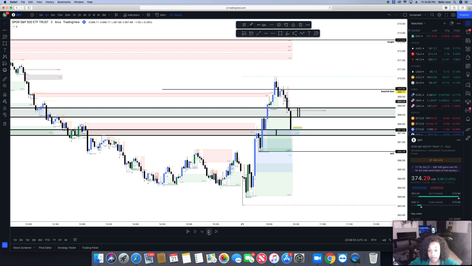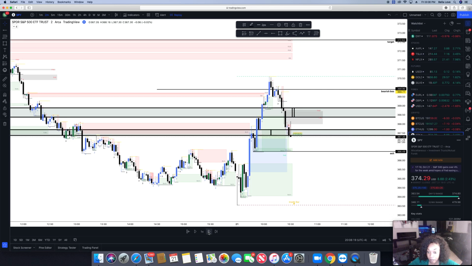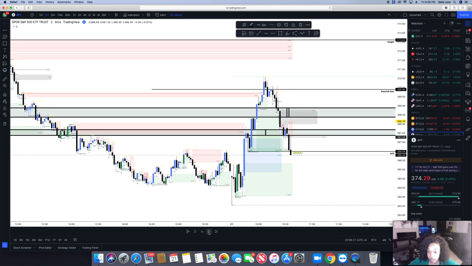So basically from here, once I seen the market start trading below the bullish fair value gaps, I knew it was going to go back to a retracement before it continued to the upside. So you guys can see here why I said you want to watch for a bounce around 366.49 or 0.50 is because it was a bullish break of structure there. So I knew it would bounce back up from there.